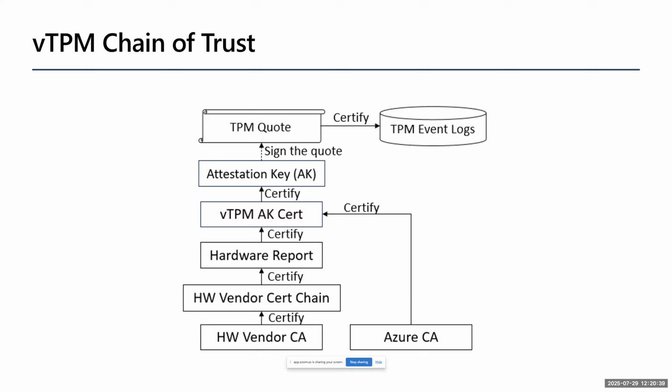And the other thing you would need is the capability of going down the cert chain to the root CA, the vendor CA. So somehow that attestation key hardware report needs to be embedded in the VTPM quote.